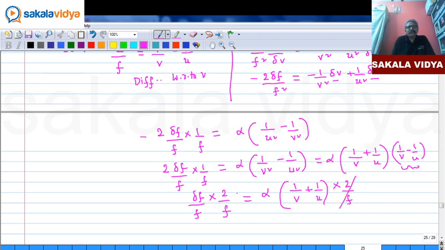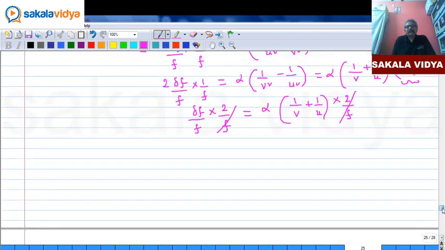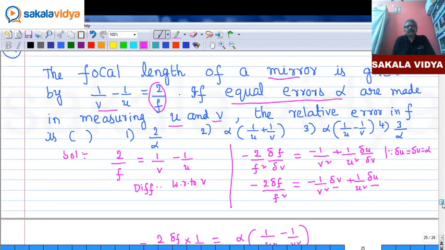This 2 by f, 2 by f cancel. Now delta f by f equals alpha into 1 by v plus 1 by u. Now you choose the option. Second option is the right option.